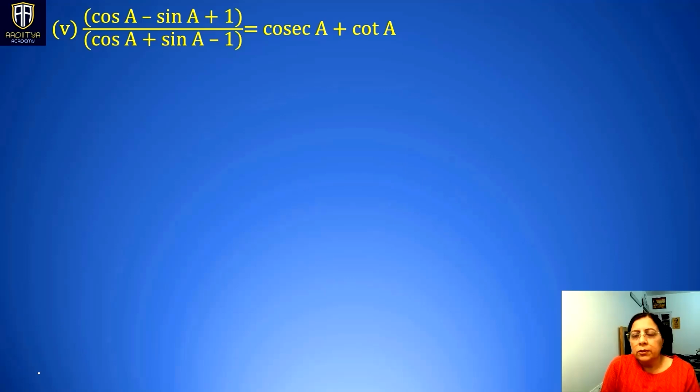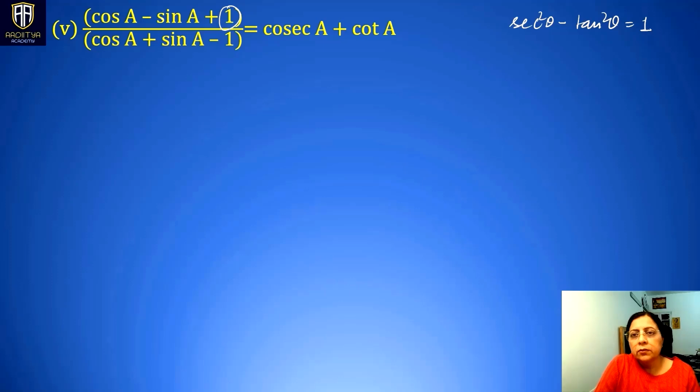This is one of the best questions. See, in this we have to open 1 in terms of the difference of 2 squares, right? But the thing is, when we take identities like secant square theta minus tan square theta, it can be written as 1.